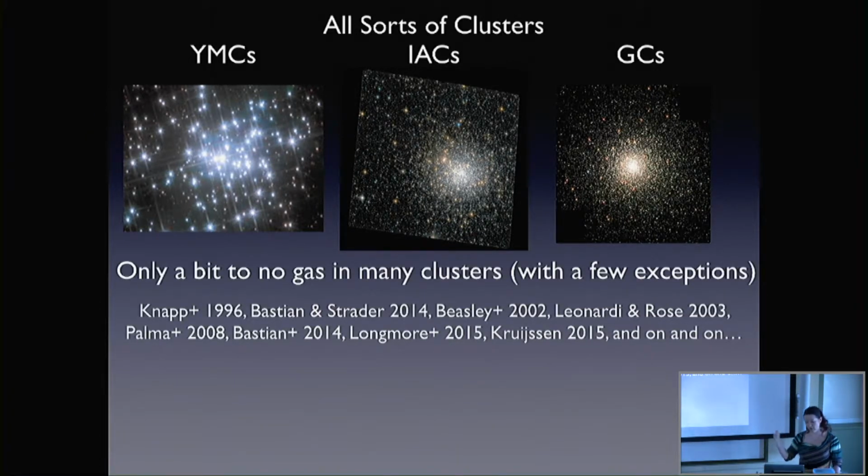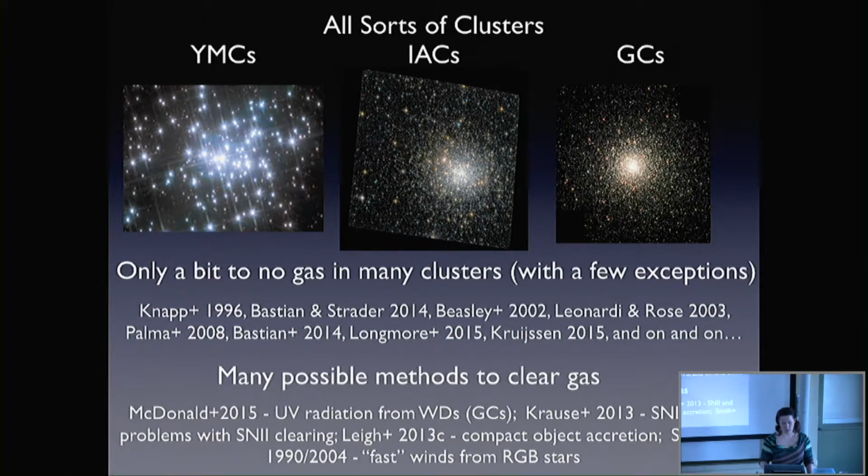Again, this was already covered, but basically we don't see a lot of gas in most of these clusters. So that's something to keep in mind. I'm only going to be talking about stellar winds, but there are actually many possible methods to clear gas at different times. There could be UV radiation, there could be supernovae, and there can also be compact object accretion, and many things like this. So again, I won't be talking about this, but these are also things to keep in mind.